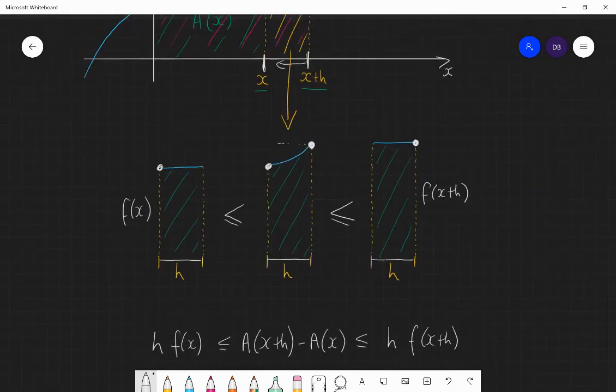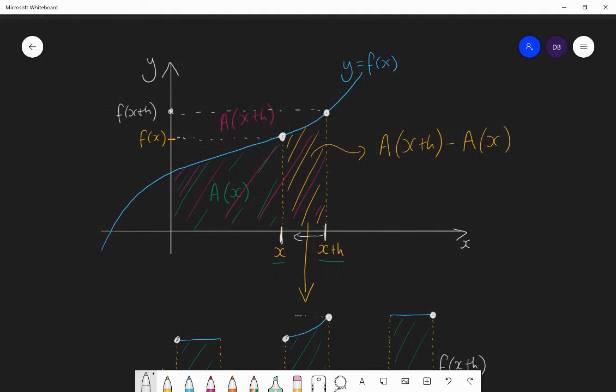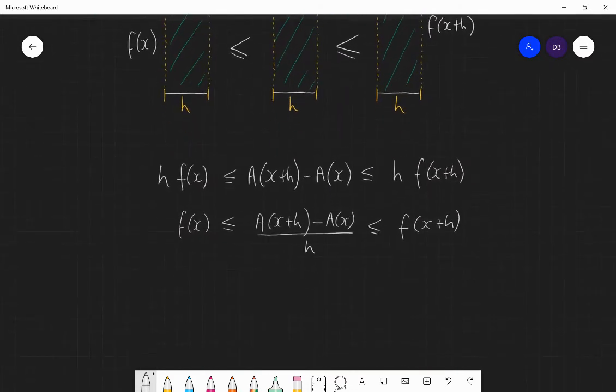Well, if I bring x plus h closer and closer to x, f of x isn't going to change. It's still going to be there, okay? So the left side of my inequality will still be f of x.